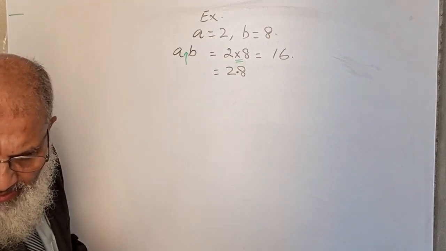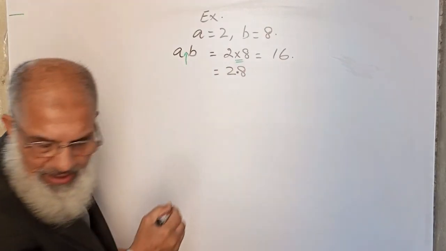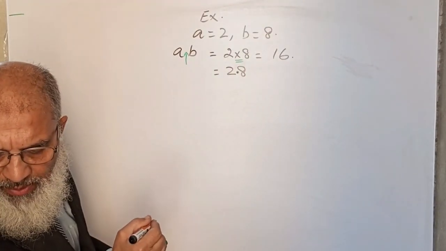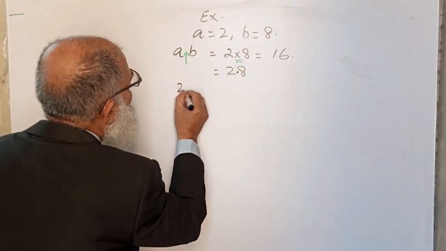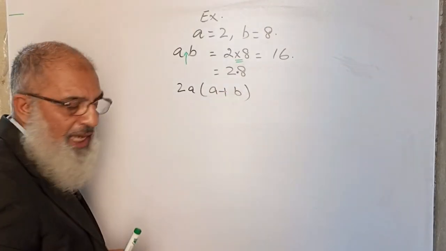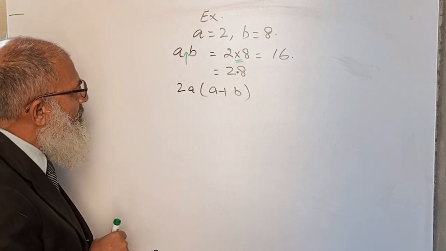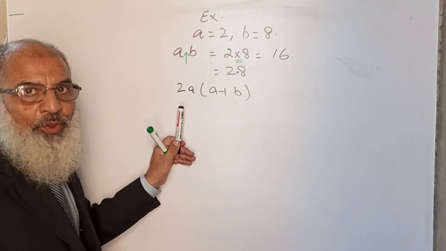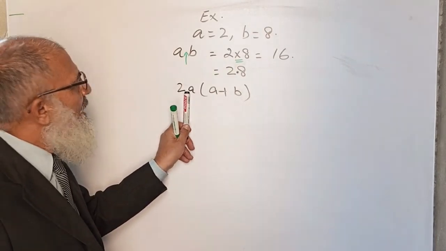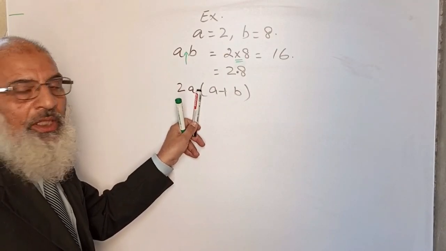Similarly, there is another example for the same, and that is 2(a plus b). Now we have to evaluate this as well. You have noticed that the multiplication sign has been abolished from here.